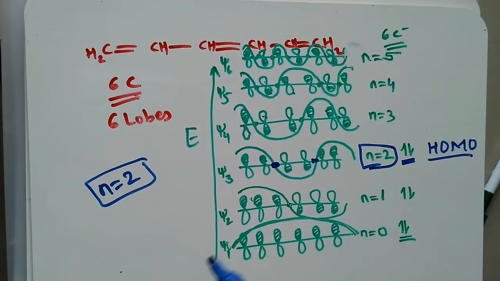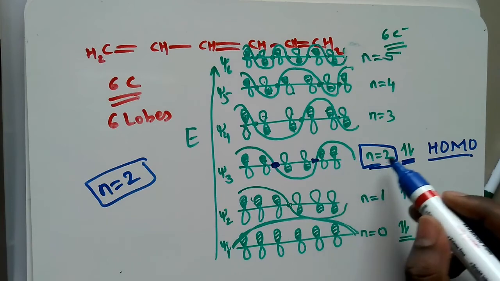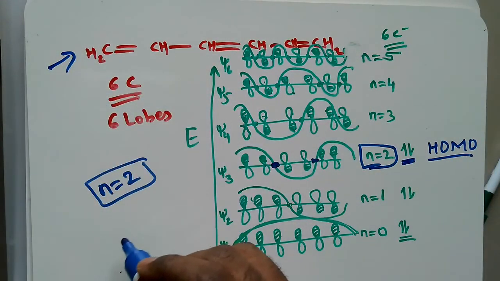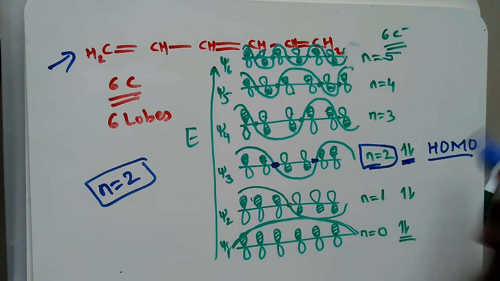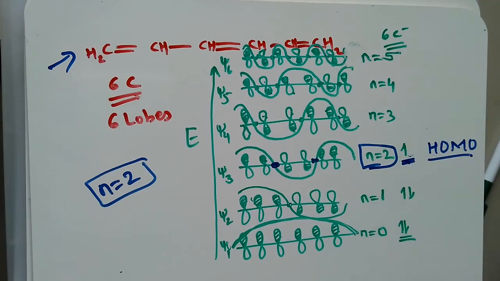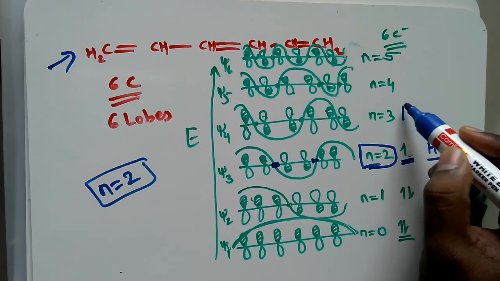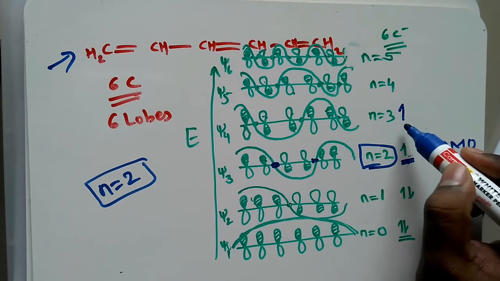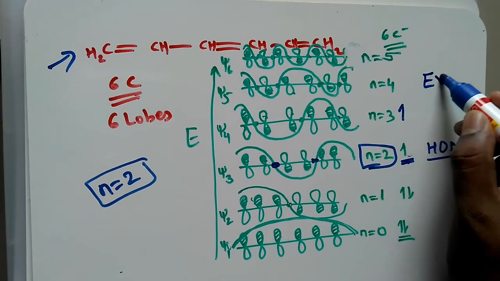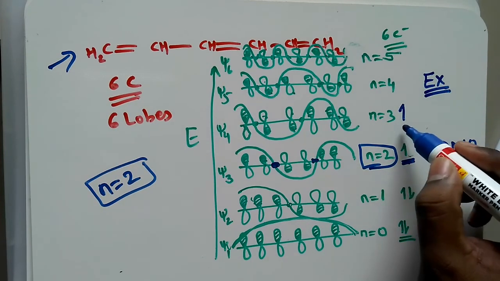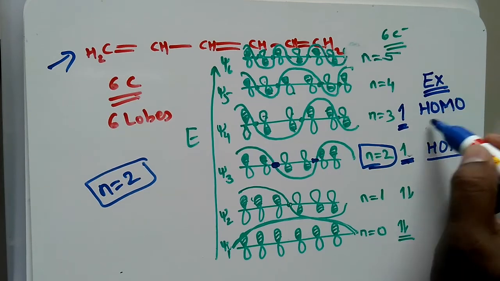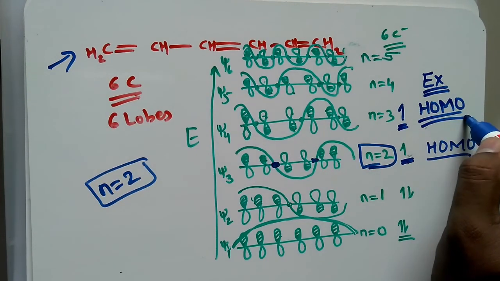Now what will happen if you excite this molecule? One electron from here will go to psi4. Now I'm talking about the excited state. In the excited state, this is the new HOMO, that is the highest occupied molecular orbital.